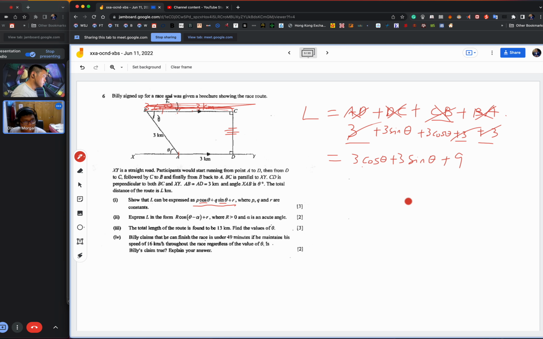So how do you get this whole thing into this R cosine of theta minus alpha plus r? Have you learned this R formula? By the way, if I ask my students to memorize any formula, they tend to forget them all after some time.